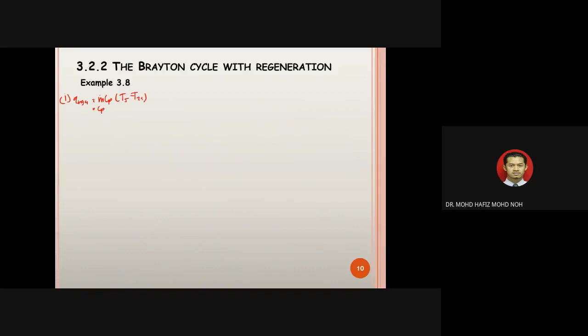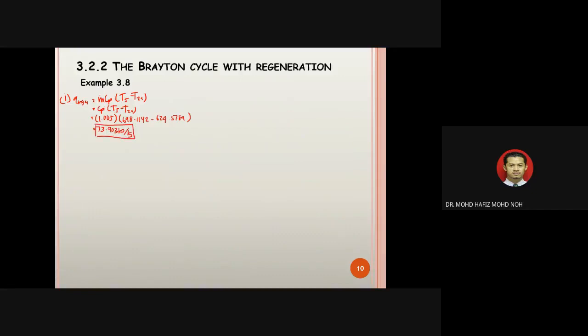So here it is 1.005 times (T5, which is 698.1142, minus T2 actual, which is 624.5789). So from here you get the value of Q regeneration, which in this case is 73.903 kilojoule per kg.